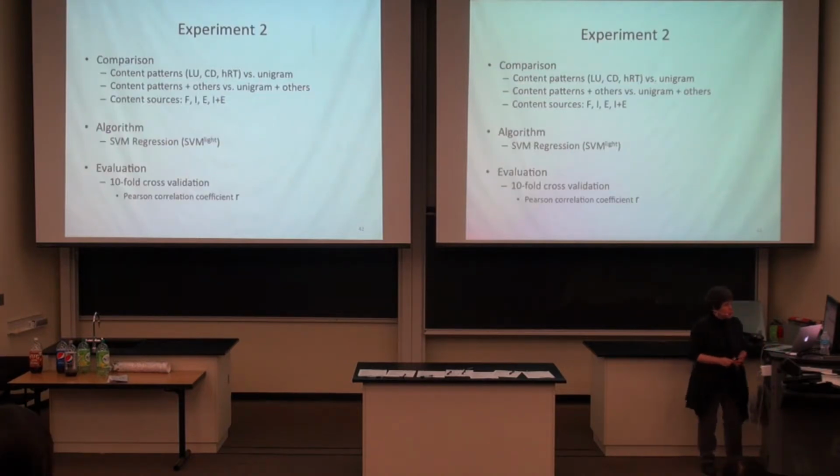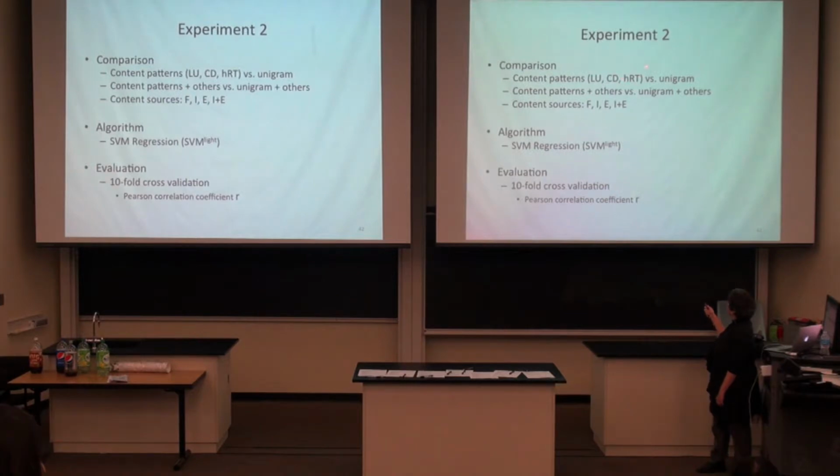Okay, so for this experiment, we were interested in addressing different questions. First, did our features improve over baseline, and would they do this for all the domains? That meant looking at our new feature set versus a weak baseline of unigrams and a stronger baseline of unigrams plus the other generic features from the first study.